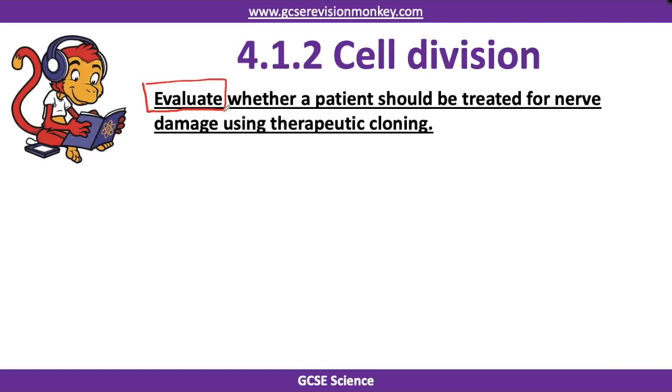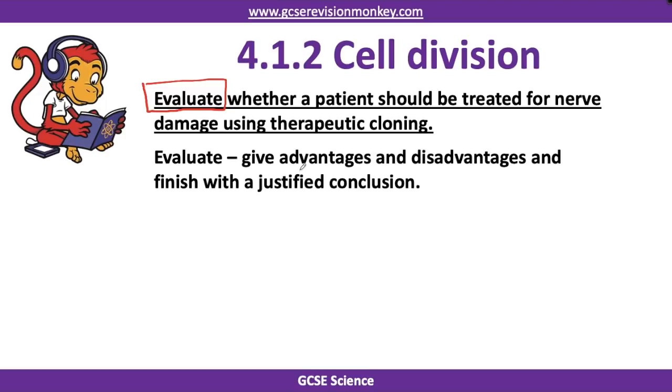So you could well be asked an evaluate question on therapeutic cloning. For example, evaluate whether a patient should be treated for nerve damage using therapeutic cloning. In any evaluate question, you should give advantages and disadvantages and finish with what we call a justified conclusion. So I'll just go through this example with you.